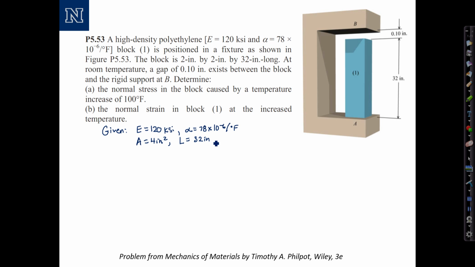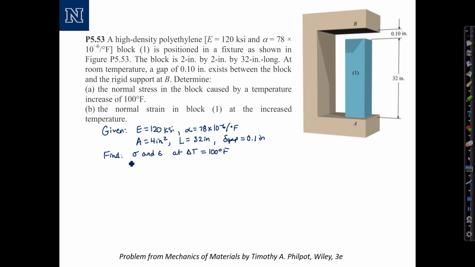And we're given that there's a gap, delta gap, equal to 0.1 inches. Okay? Then we are asked to find the stress in the block, sigma, and the strain, epsilon, at delta T equals 100 degrees Fahrenheit.